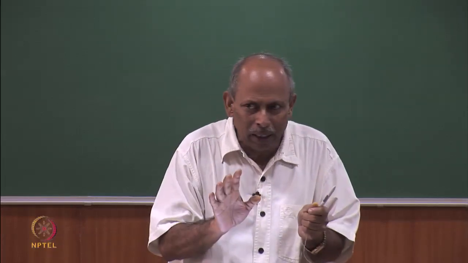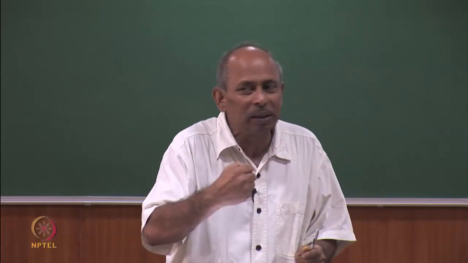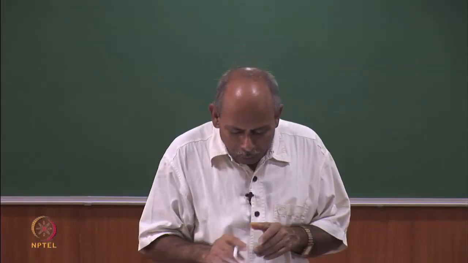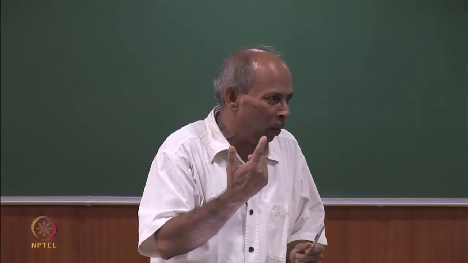That is an assumption we are making, and that enters into the room 4 hours later, because 4 hours is the time lag, and causes a fluctuation in temperature. So, Ay for all walls I must consider, internal walls inclusive, because this is the assumption we are making, that it will get distributed through all the walls. In fact, supposing there is a ventilation heat gain, air exchange is occurring, this would result in heating up all the walls, internal walls, right.